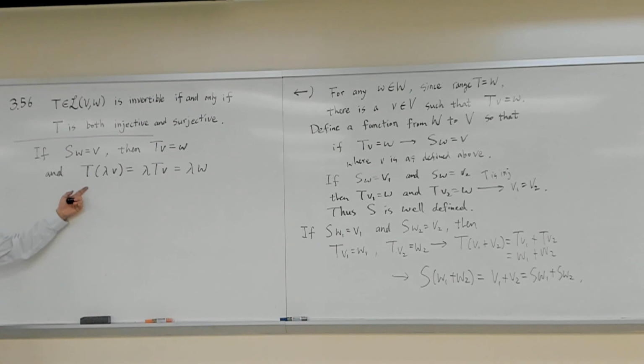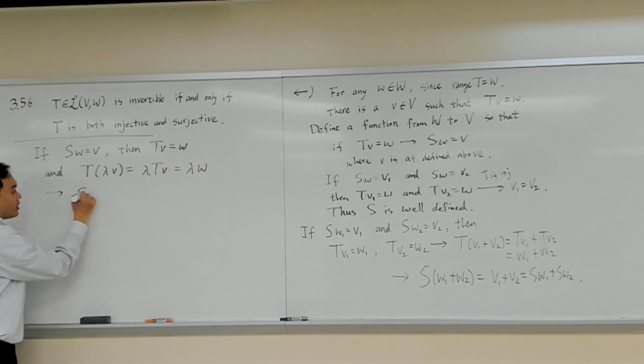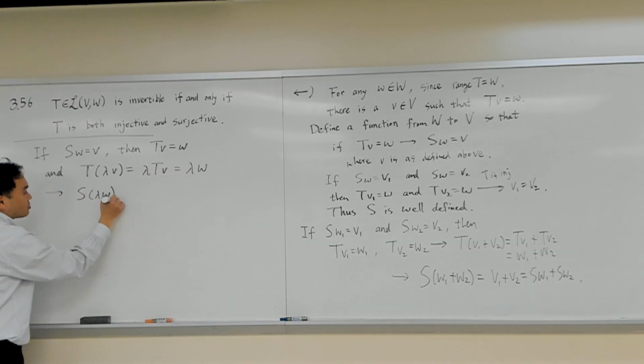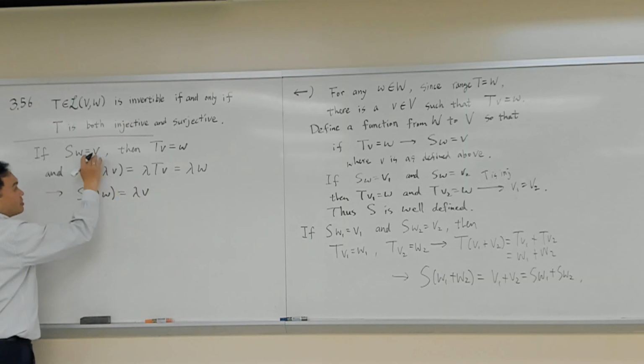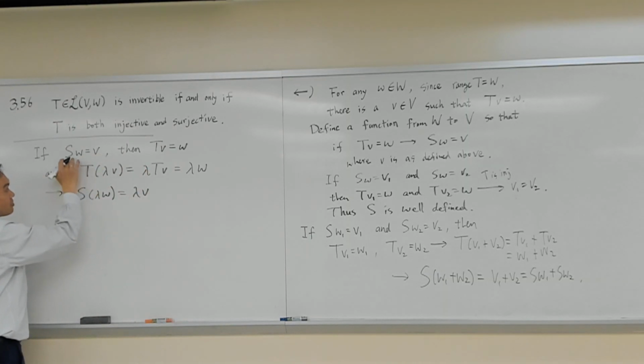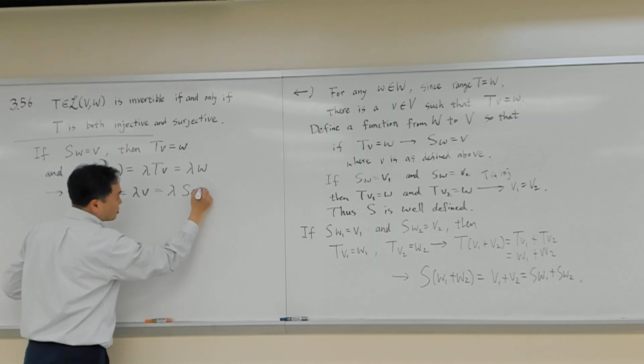Taking the inverse, this is your input and that's your output, so S of lambda w is equal to lambda v, but v is S w, so that's lambda times S w.